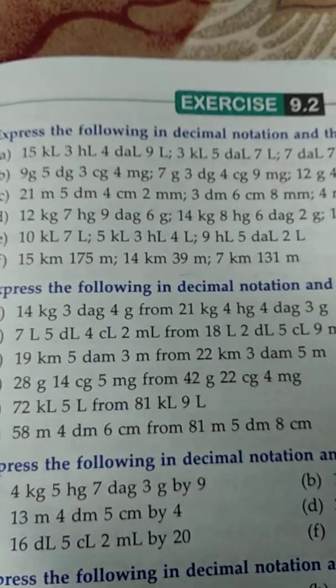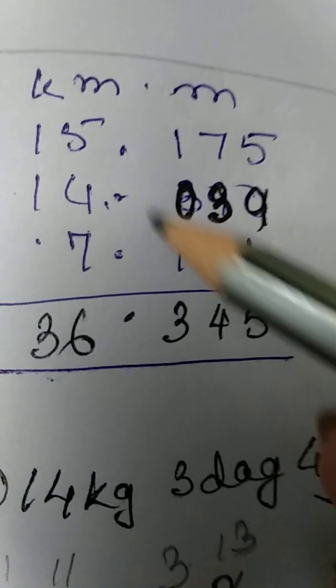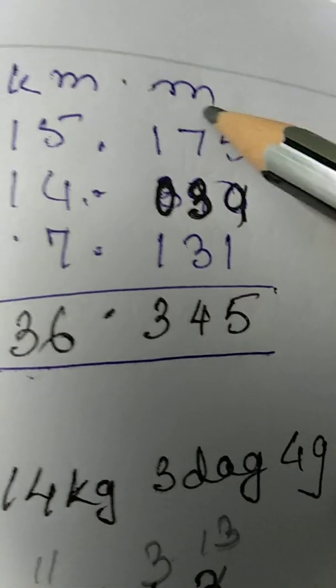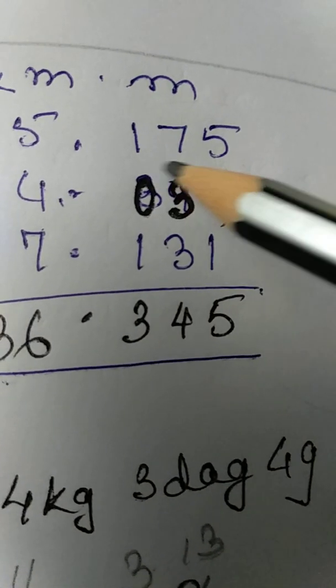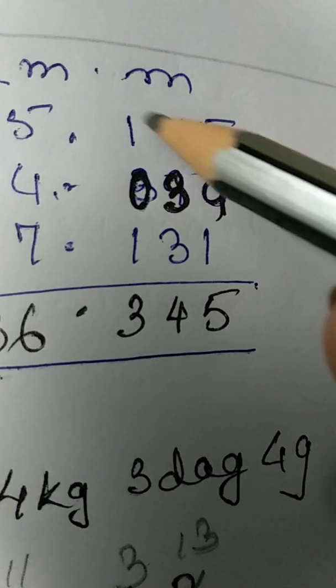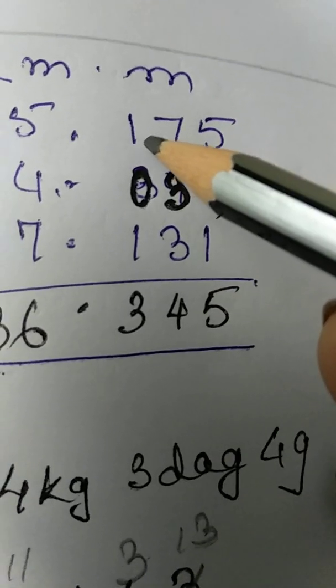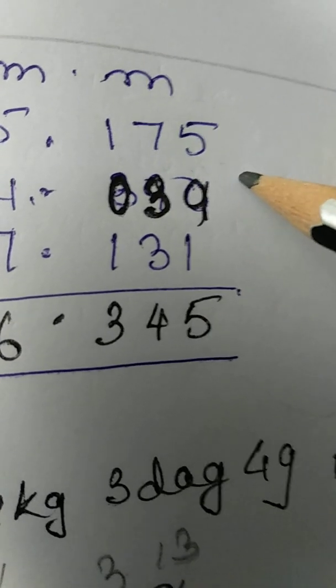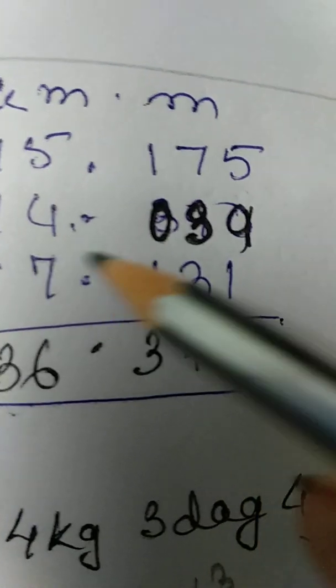So how will you write the sum? Now here 15 km 175 meter. I am writing meter for your convenience, but the sum will be 175. That means 1 HM, DM and M.